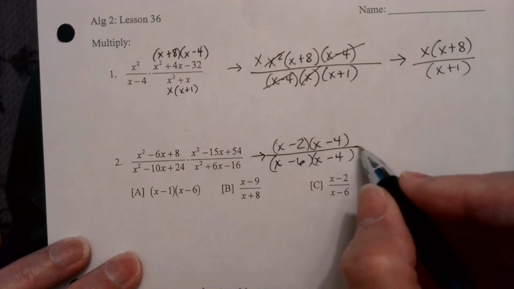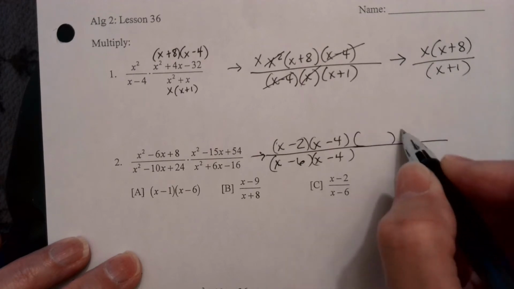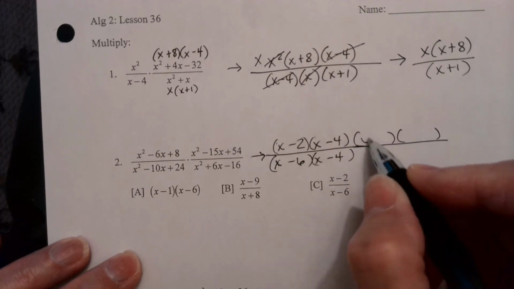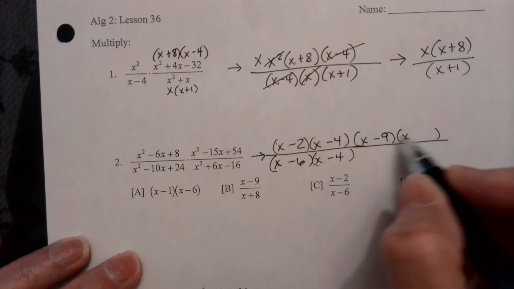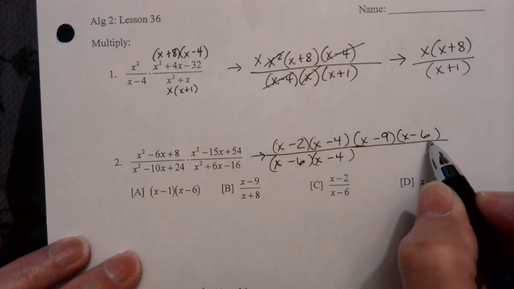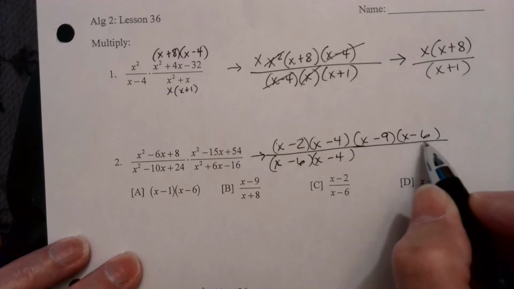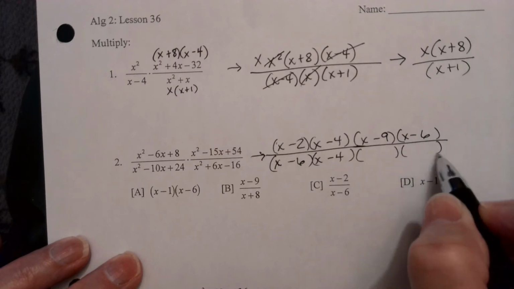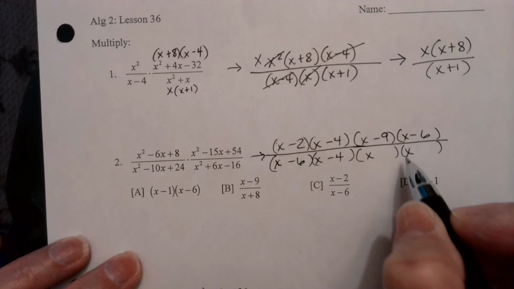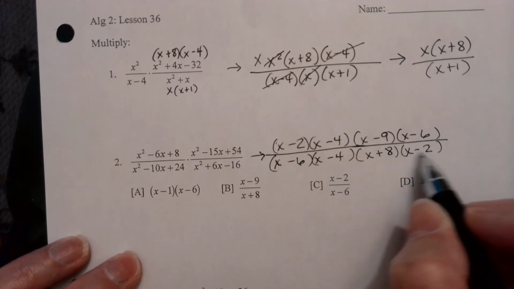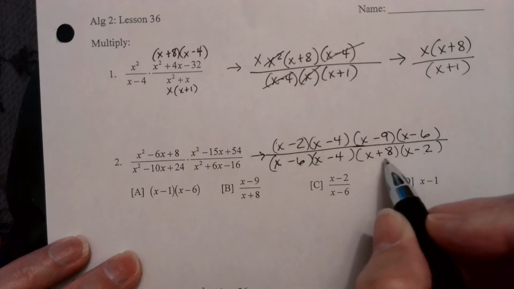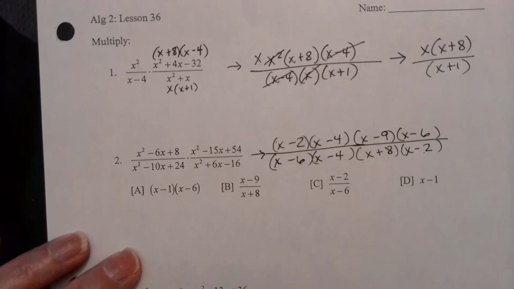This is multiplication, so I'm just going to write it all together here. So x and x. This one's going to be negative 9 and negative 6. Gives you a positive 54 when you multiply, negative 15 when you add. This one's going to be positive 8 and negative 2. Gives you a negative 16 when you multiply, a positive 6 when you add.